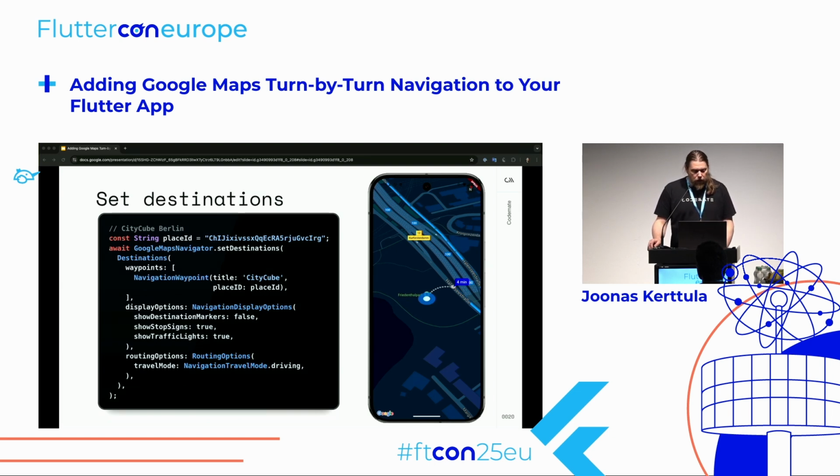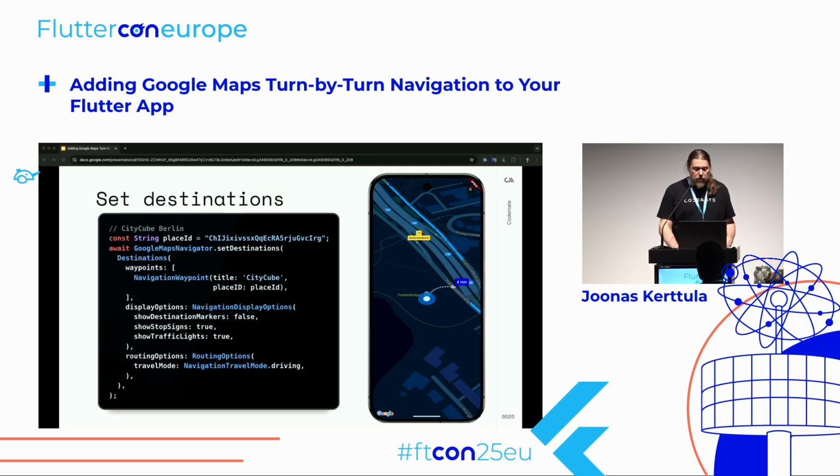The example shows the city cube as a waypoint. And when you start the navigation and set the destinations, you should give the display options: should it show traffic lights, stop signs, and also how to show destination markers on the map.